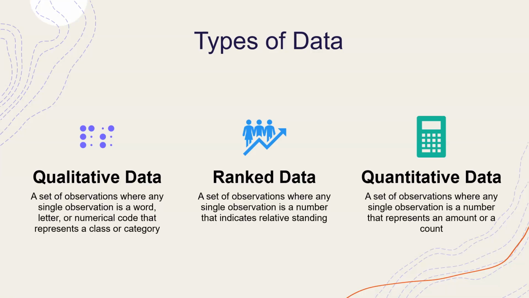Ranked data consists of numbers, for example, first, second, or third, that represent relative standing within a group. Quantitative data consists of numbers that represent an amount or a count.